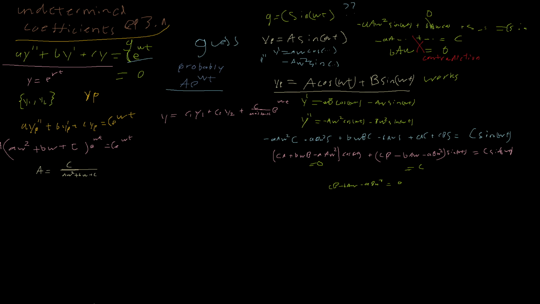Actually, if you rewrite this in terms of B only, we get minus BW times A plus C minus AW squared B is equal to C, and here we get C minus AW A plus BW B equals 0.